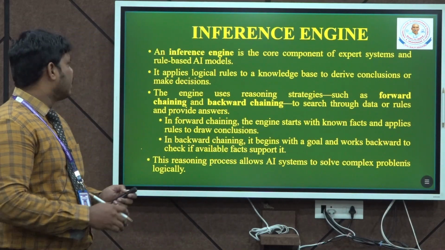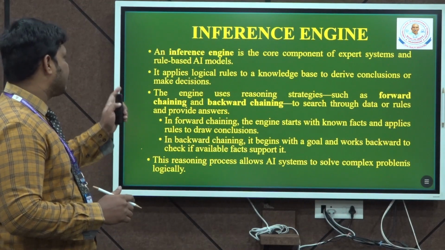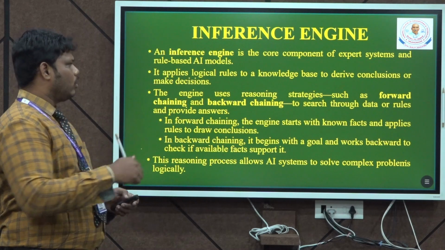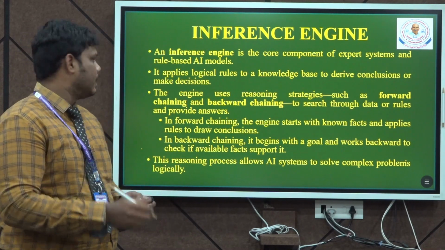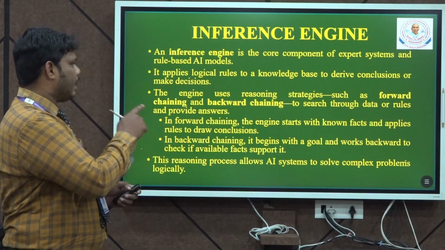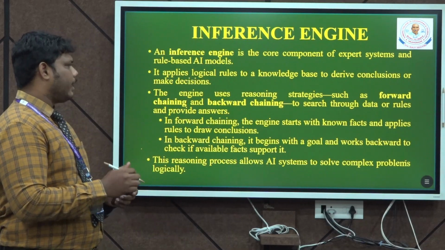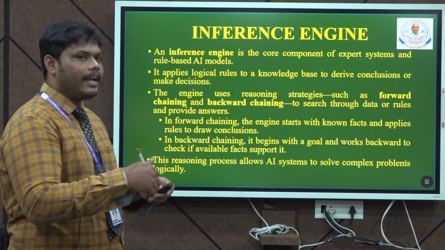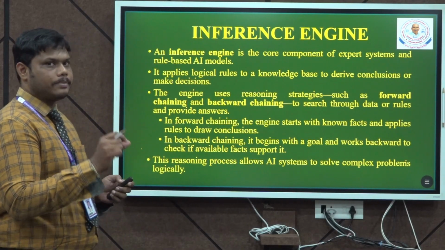An inference engine is a core component of an expert system and even of a rule-based AI model. It applies logical rules to the knowledge base to derive conclusions or to make decisions. These strategies, forward and backward chaining, are searching techniques that use a set of data or rules to provide a better answer, and give a better solution for that particular expert system.